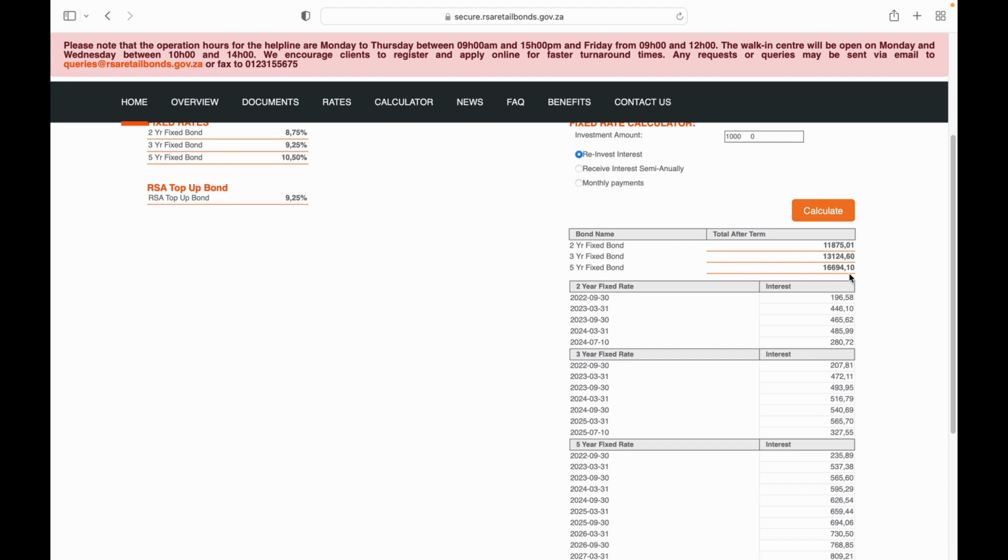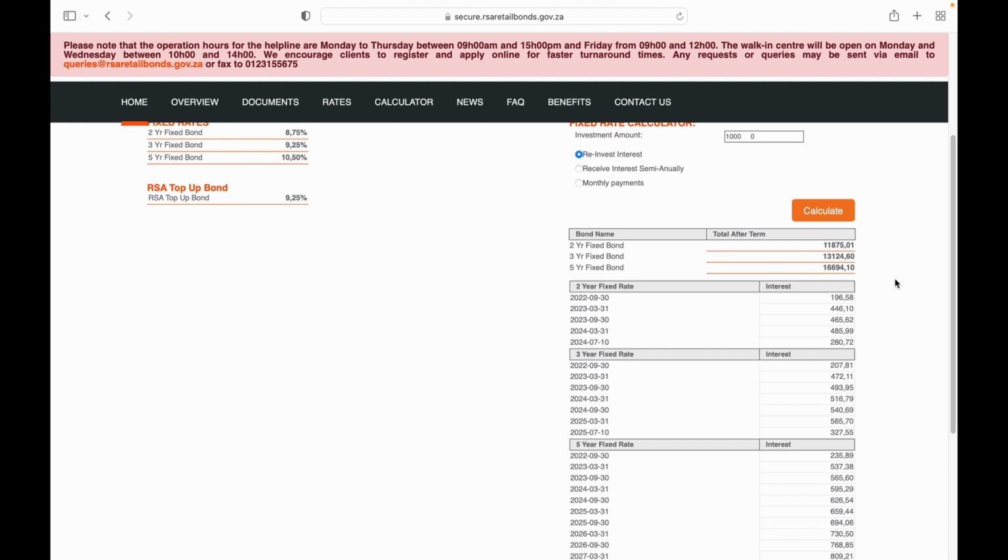But that is based on reinvesting your interest. If you receive your monthly interest, then at the end of that 5-year period, you will get back your 10,000 rand as it is. That is why I said that it is better to consider reinvesting those interests, so that you can compound your returns.